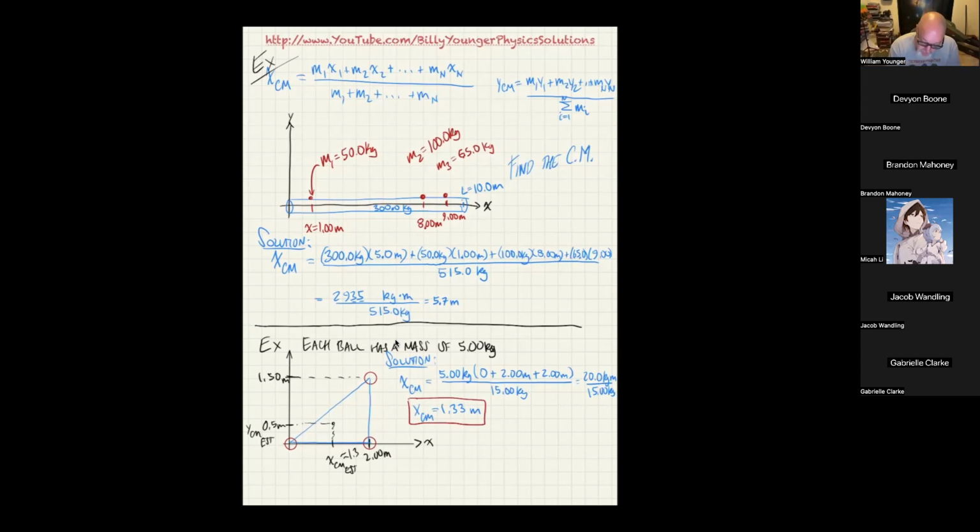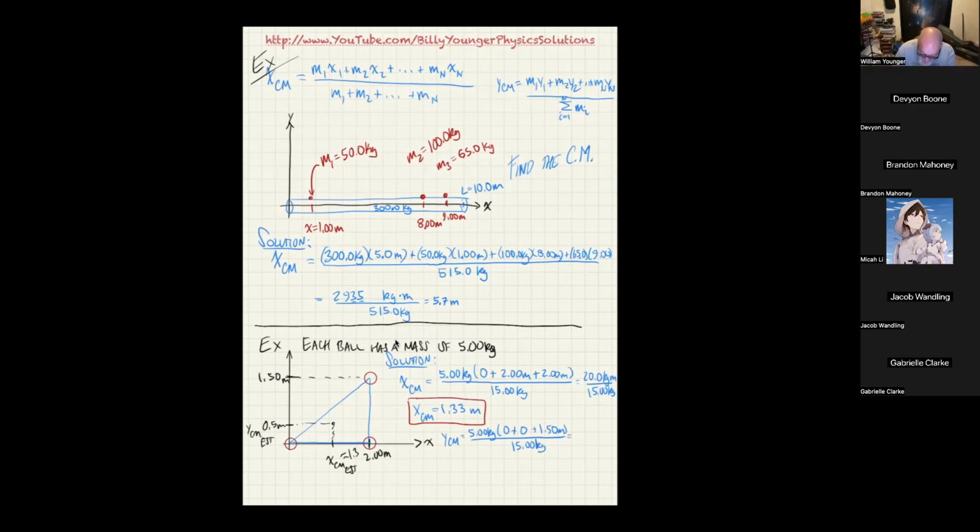All right. The next part is the Y center of mass, and it will be done the same way. I'm going to say 5.00 kilograms. This time, the first particle has a Y coordinate of 0, the second particle also has a Y coordinate of 0, and the third particle has a Y coordinate of 1.50 meters. All of that is divided by 15.00 kilograms.